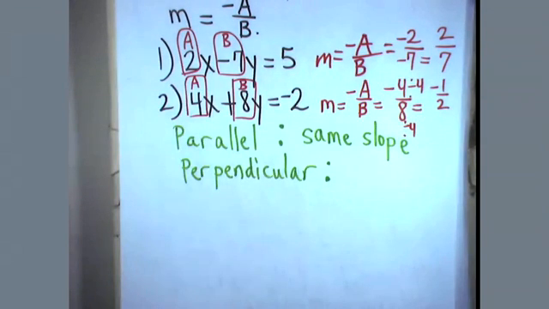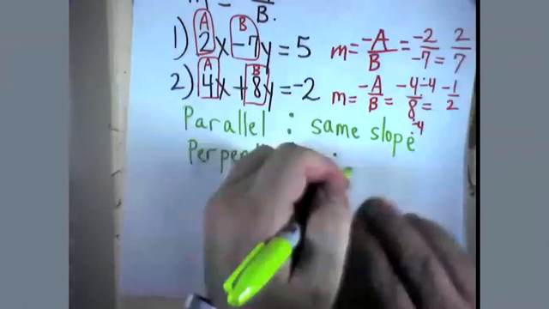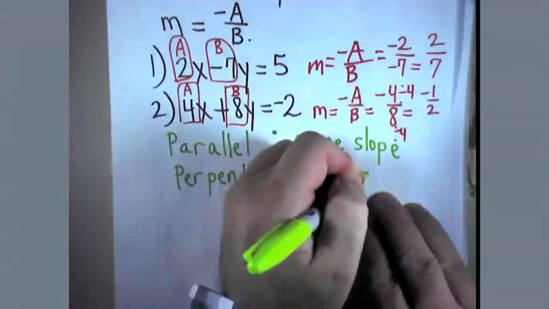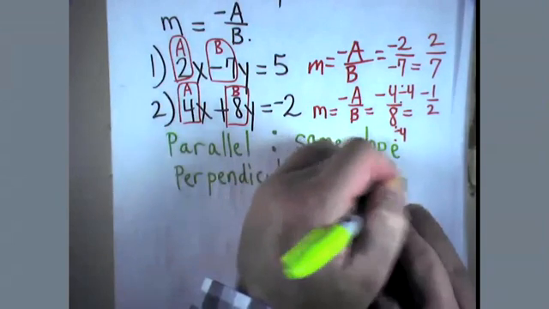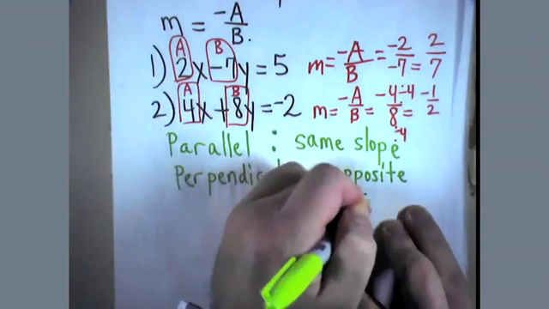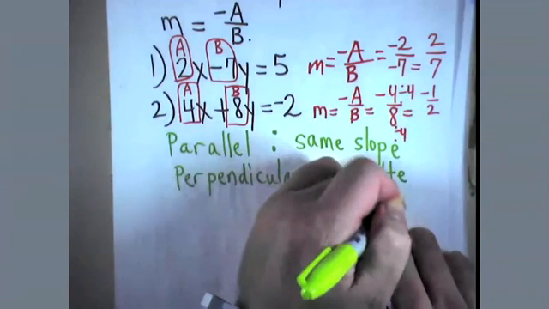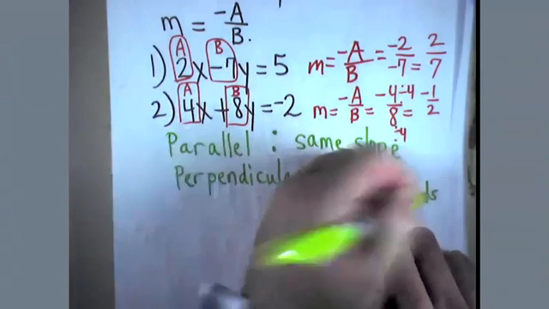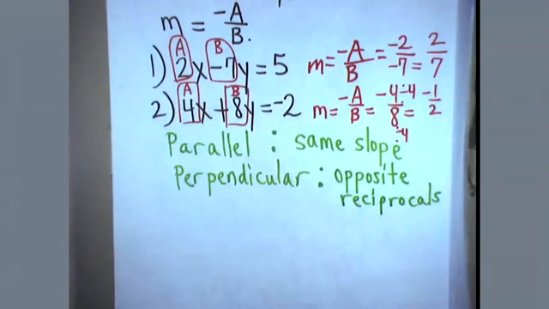So parallel lines have the same slope. How you know that lines are perpendicular is that their slopes are opposite reciprocals of each other. And let me explain what that means.